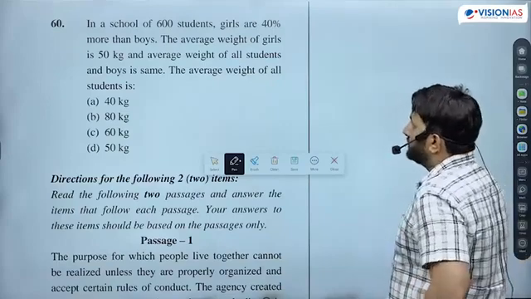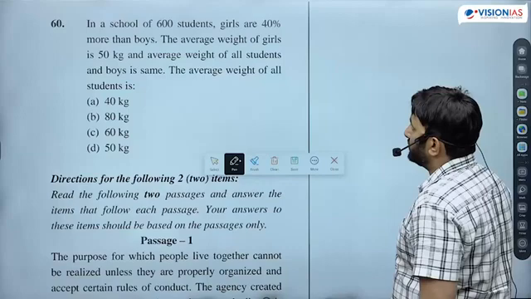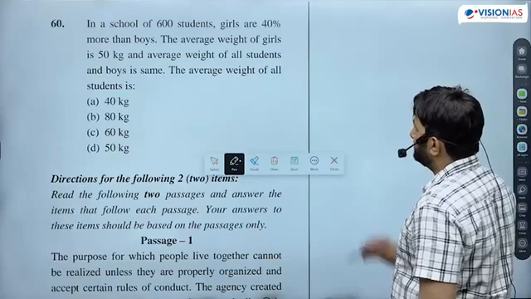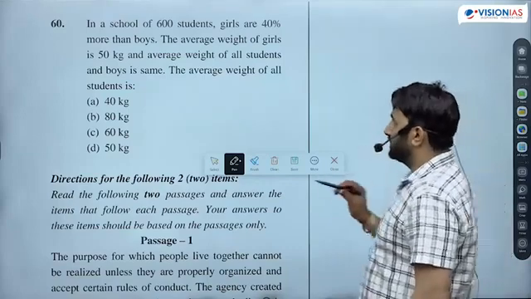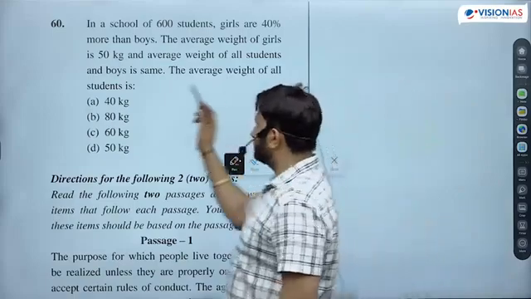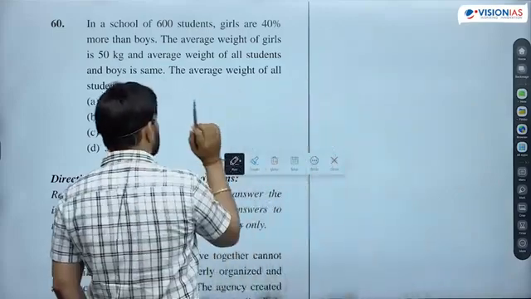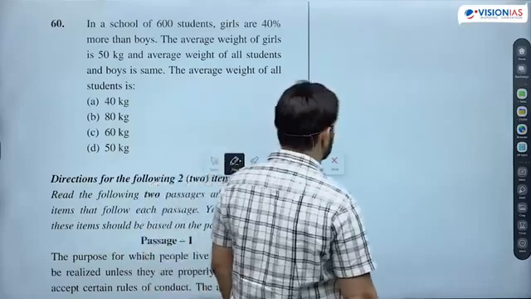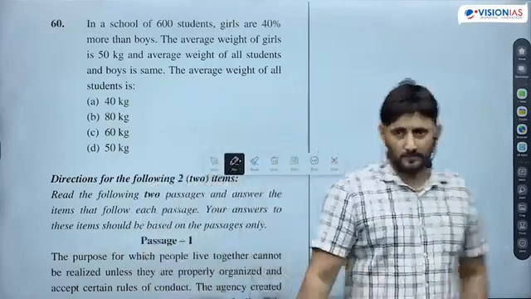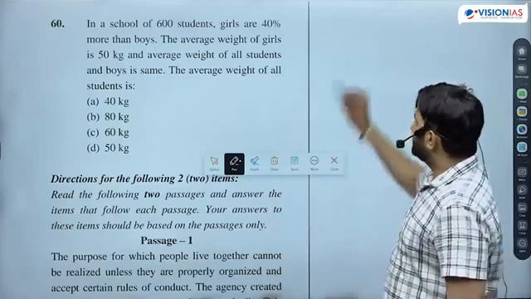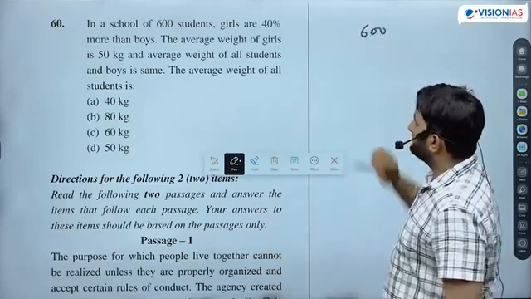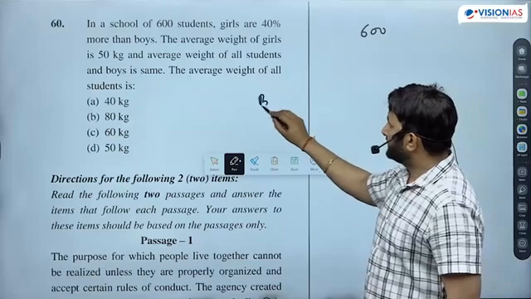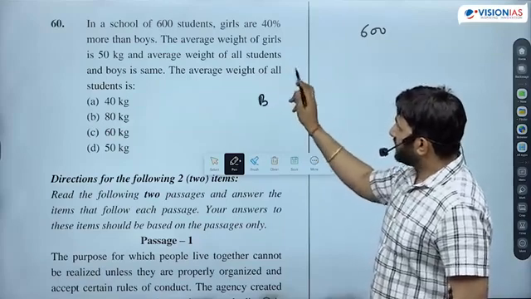In a school of 600 students, girls are 40% more than boys. The average weight of the girls is 50 and the average weight of all the students and the boys is the same. The average weight of all the students is how much? So look, 600 students, boys and girls. Girls are 40% more.